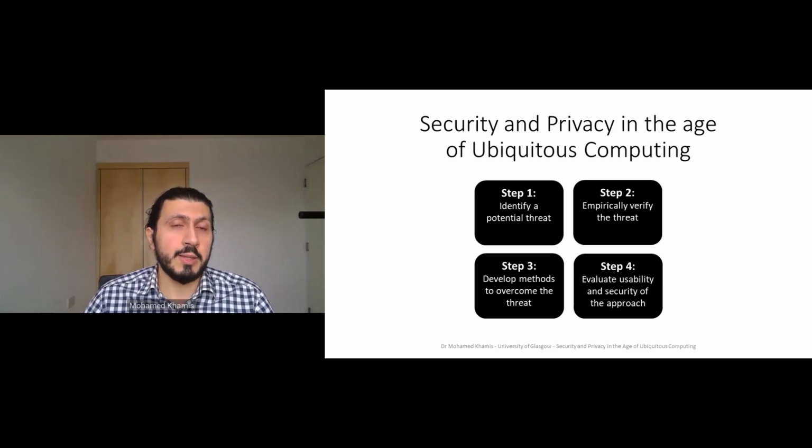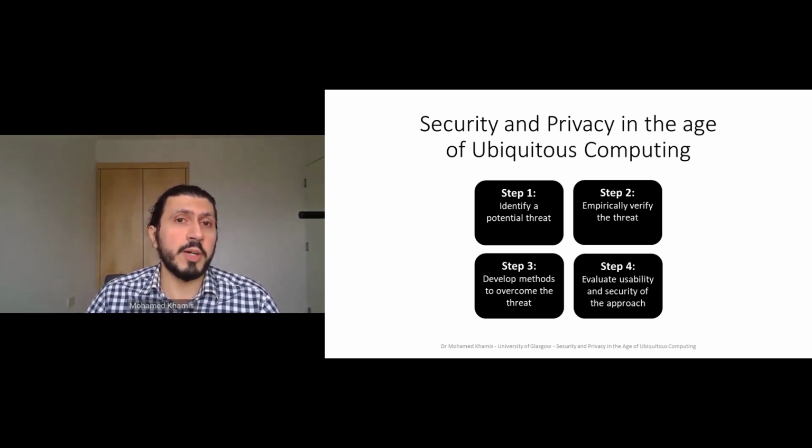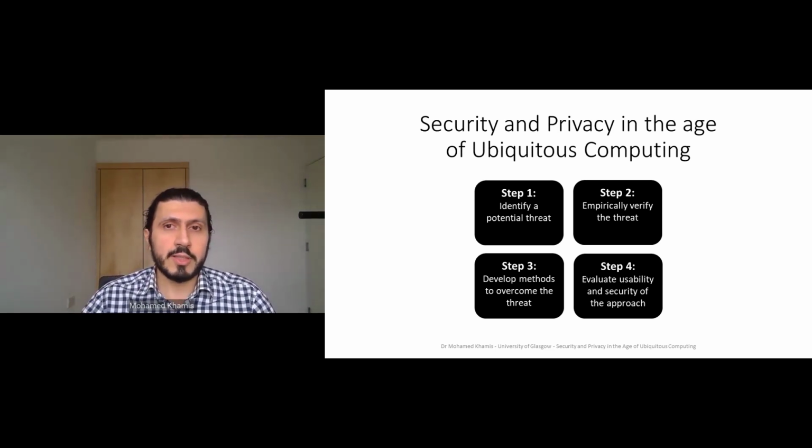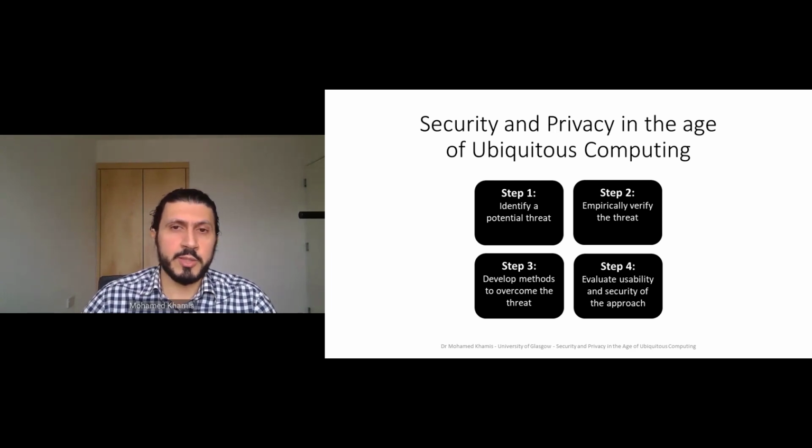Then the second step, we try to empirically verify that there is actually a threat. And this is not just a sanity check to make sure that the threat is there. We also employ empirical methods such as user studies, observations, and questionnaires, to better understand the threat and its impact on users. And I'll also give an example in a few moments about it.